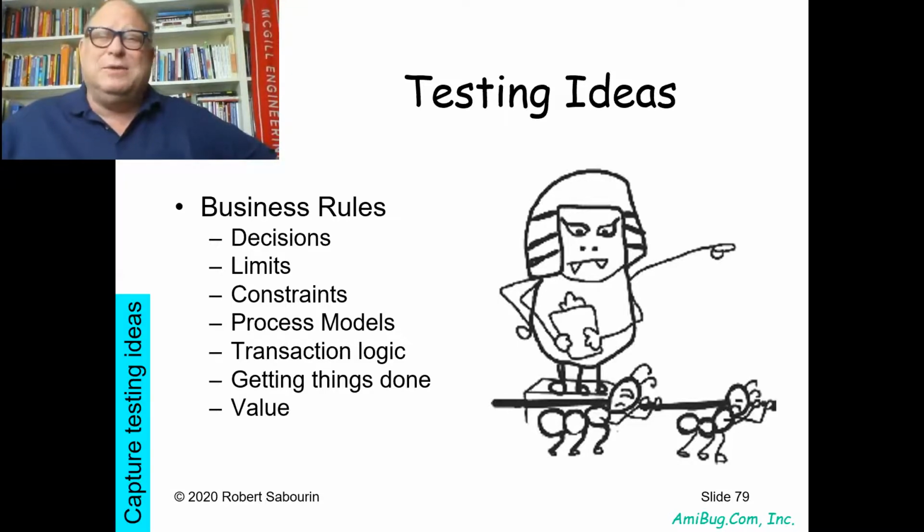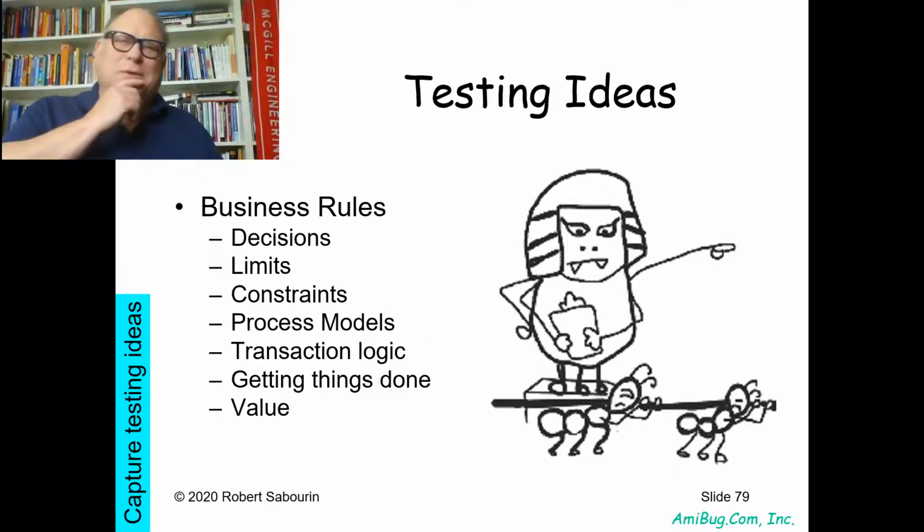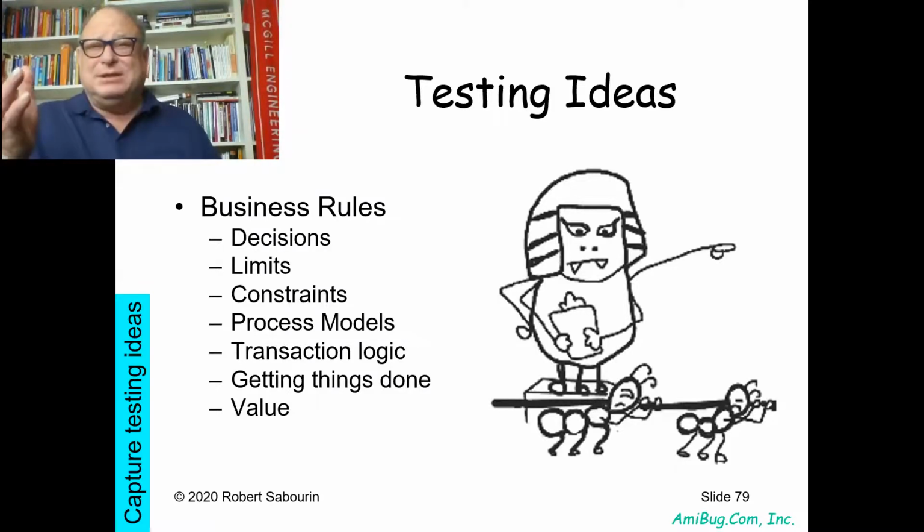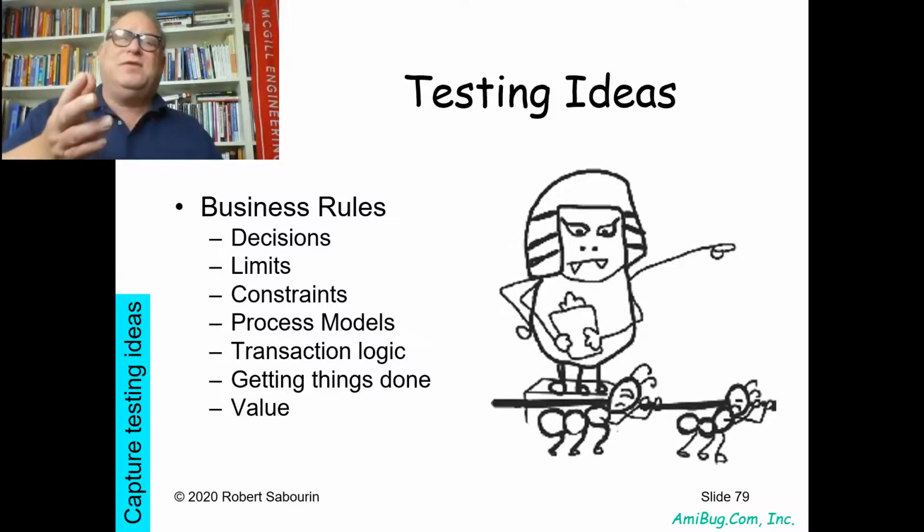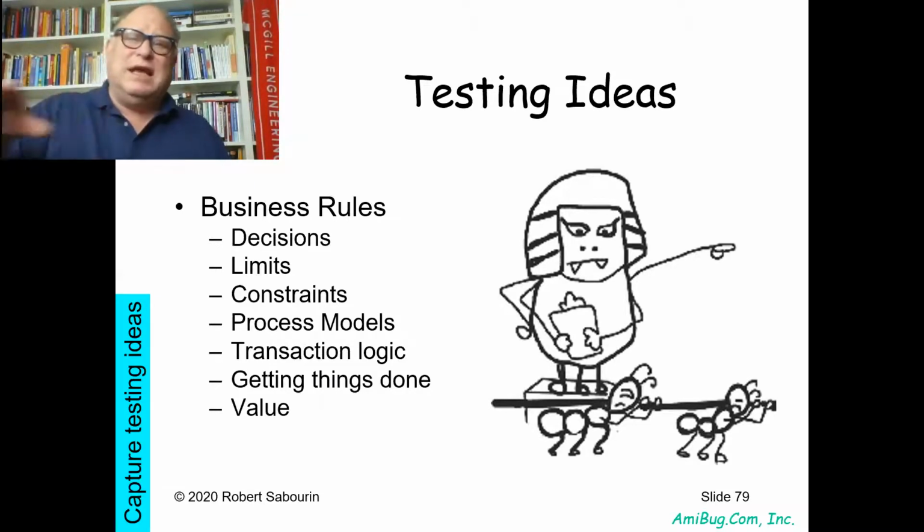Once you have them, it becomes really important to exercise these rules, to ask, are these rules valid? Have we thoroughly tested them? So we might ask, can we build a model of the decisions? And then can we exercise a reasonable set of tests to be confident that the decisions are all covered nicely and in a healthy way?